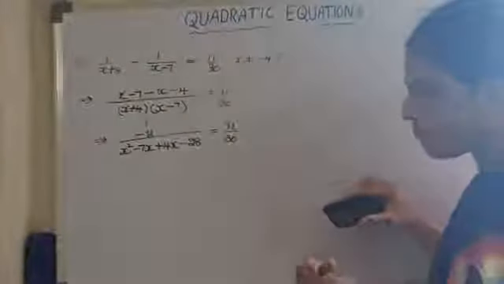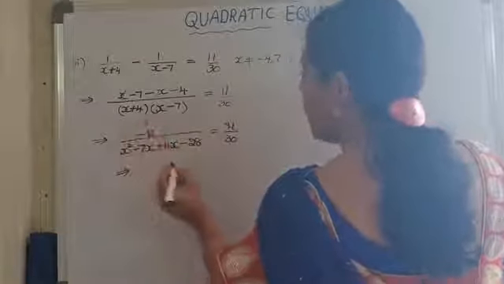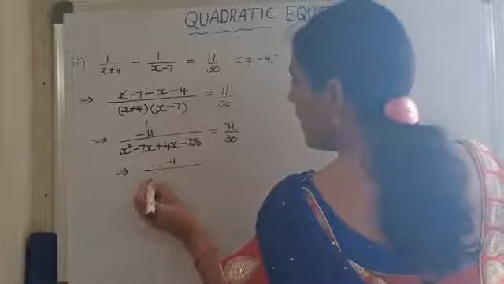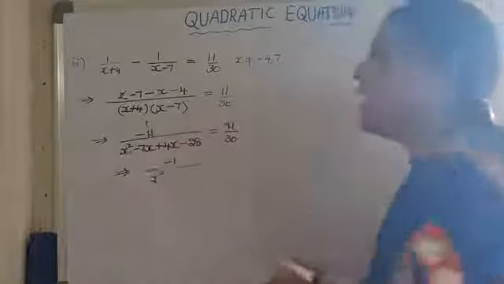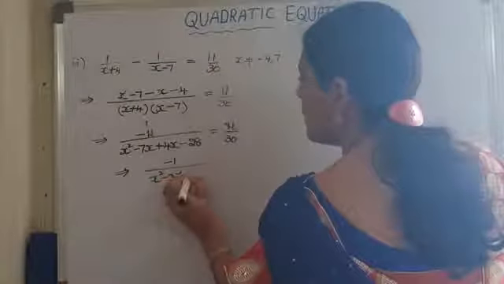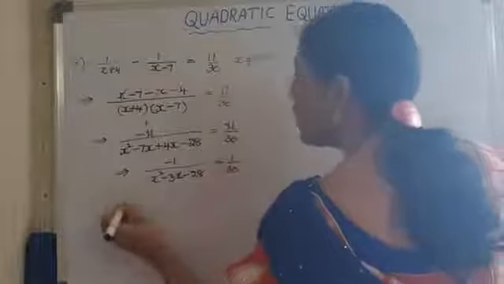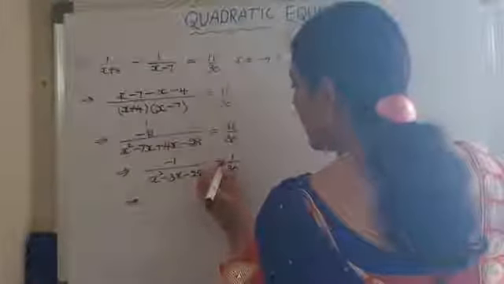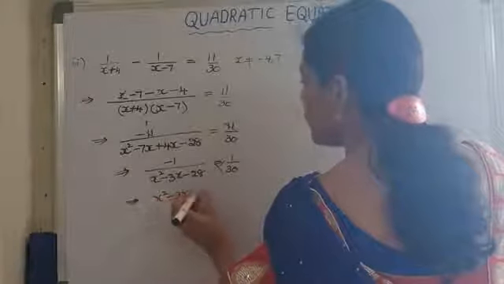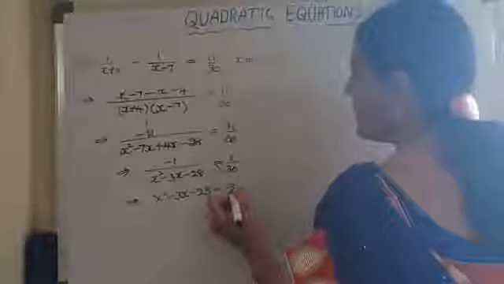So now this is minus 1 over x square minus 7x plus 4x, minus 3x minus 28, is equal to 1/30. Now cross multiplication. x square minus 3x minus 28 is equal to minus 1 into 30, minus 30.